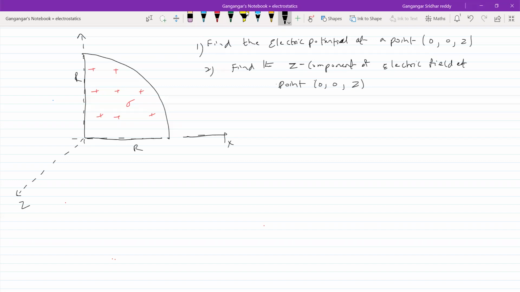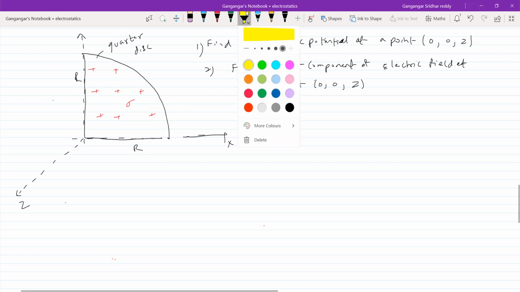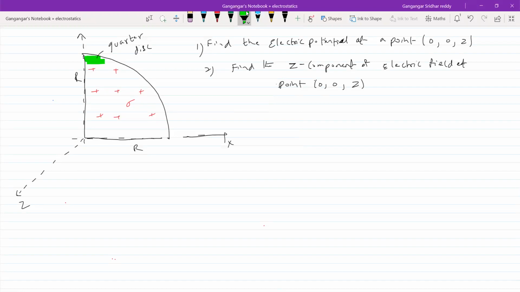Okay, let's see, just now what you studied you should apply, no? There's a quarter charged disk. Try what method you can apply here.